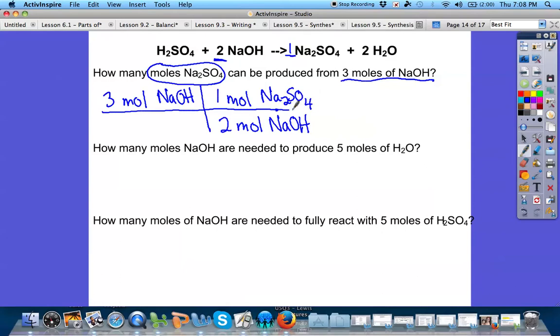Because these are related in our chemical equation, we can convert from moles of sodium hydroxide to moles of sodium sulfate. So we're going to do 3 times 1 divided by 2, and that's going to give us 1.5 moles of sodium sulfate.